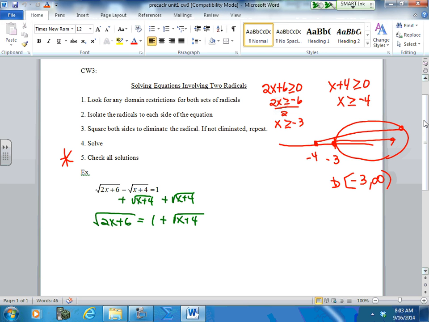Worst case scenario, you have 2. Well, what happens when you square this? And you multiply it by itself? You have this one, which will get rid of the radical.